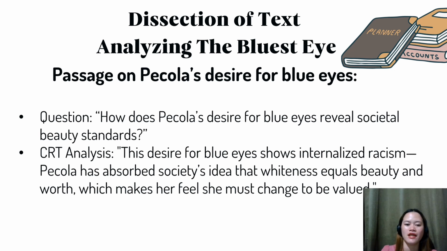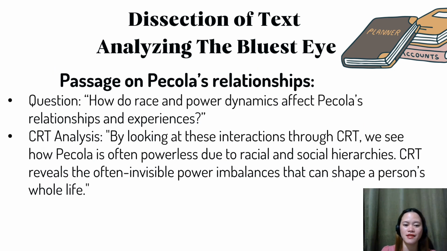Okay, let's move on to the second passage, the passage on Pecola's relationships. Question: how do race and power dynamics affect Pecola's relationships and experiences? You can raise your hand if you want to answer. Yes, John. Okay, thank you so much. Another one, please.